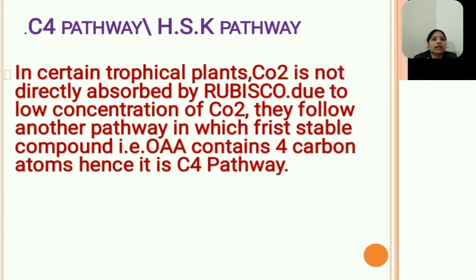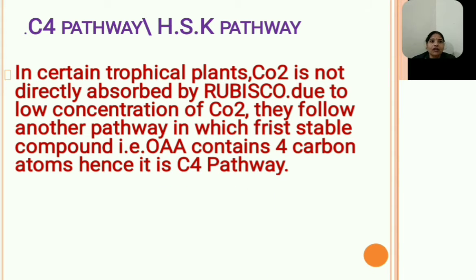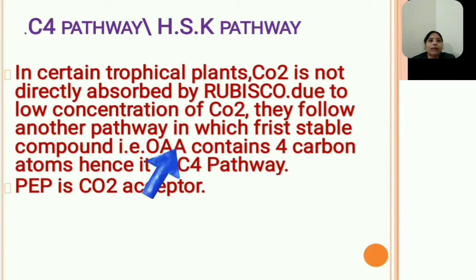In certain tropical plants, carbon dioxide is not directly absorbed by rubisco due to its lower concentration. They follow another pathway in which the first stable compound is made up of 4 carbon atoms, that is oxaloacetic acid, OAA, which contains 4 carbon atoms, hence it is called the C4 pathway.